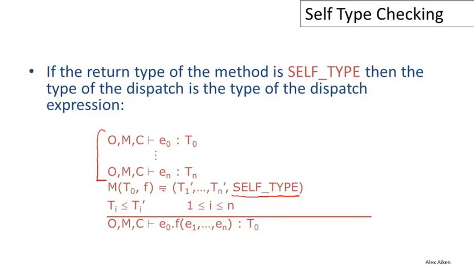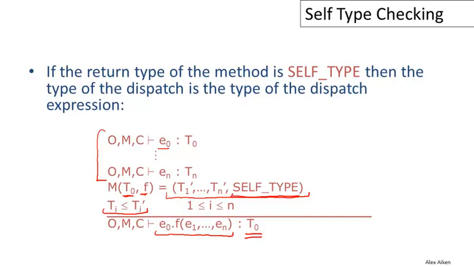And now, just like before, we look up in class T0, the type of E0, the method f, and we get its signature. Then we have to check that the arguments conform, that every actual argument, E1 through En, has a type that's compatible with the corresponding formal parameter in the method signature. If all of that works out, then we can say that this dispatch is going to have type, oh look, T0. So where did that come from?